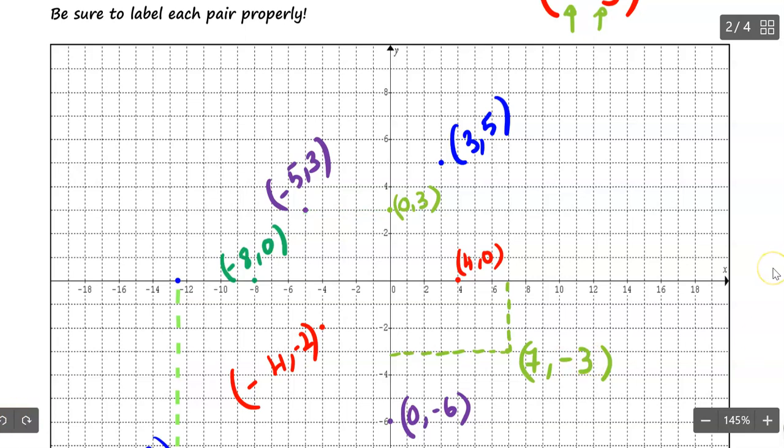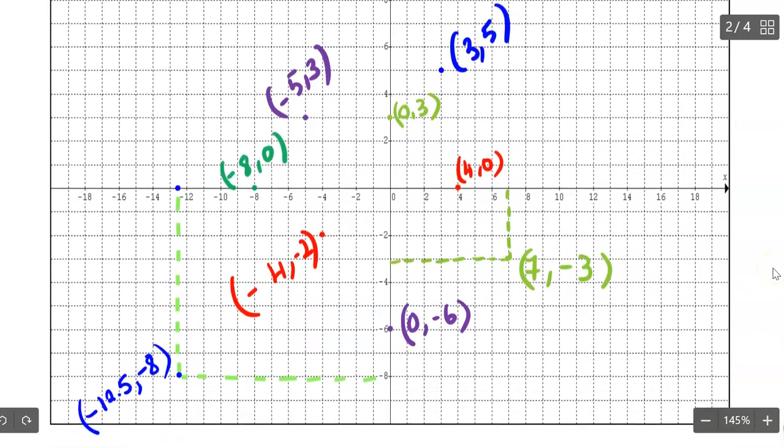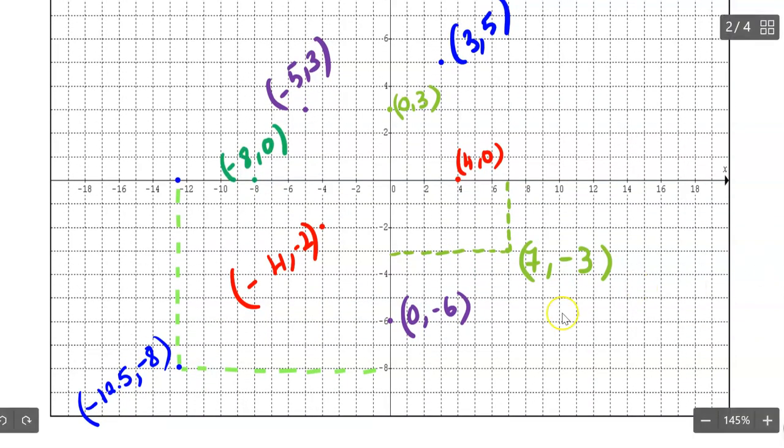Alright, okay, so moving to the next point, I believe this is negative 4 and negative 2. Negative 4 is x, negative 2 is y. So let me rewrite this so I can have it consistent, so it's negative 4. Alright, okay.